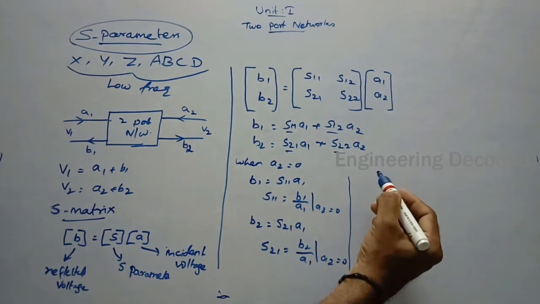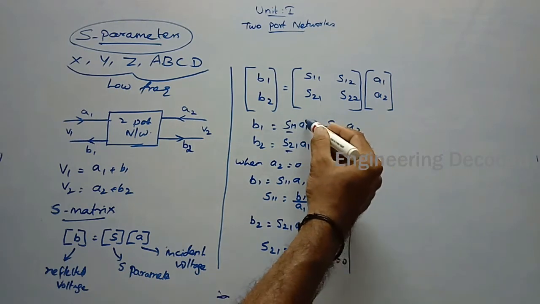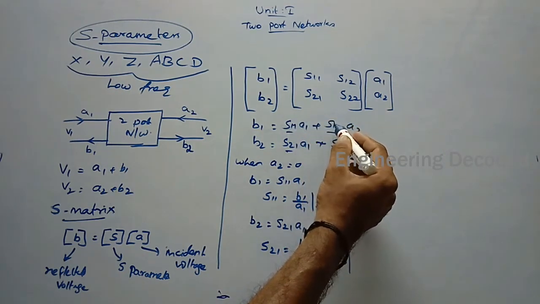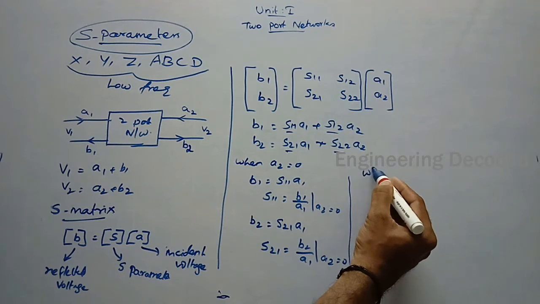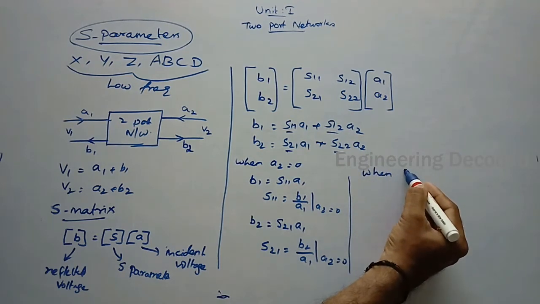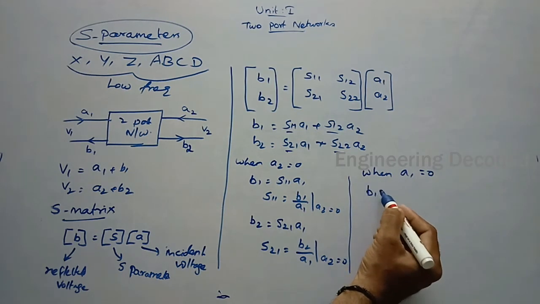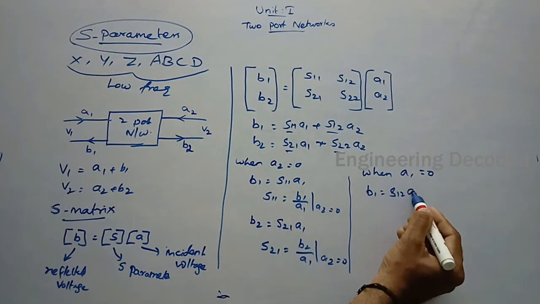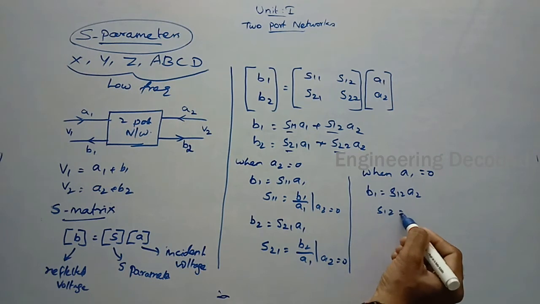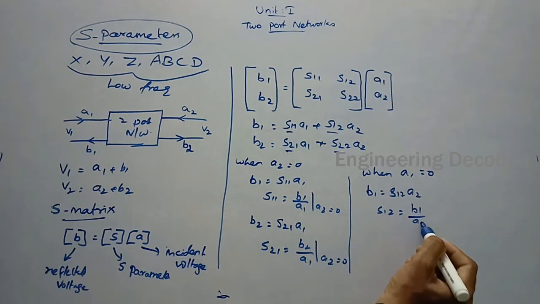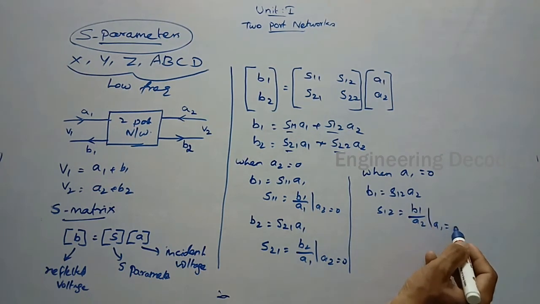Now we can make this term 0 to find out S12 and S22. So when A1 is equal to 0, B1 is equal to S12 into A2. So S12 is equal to B1 by A2 when A1 is equal to 0.